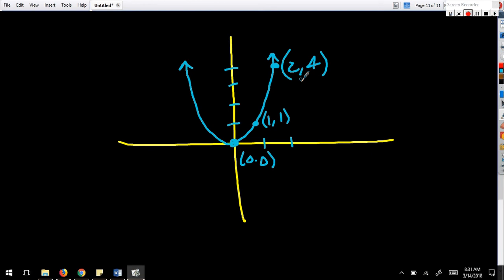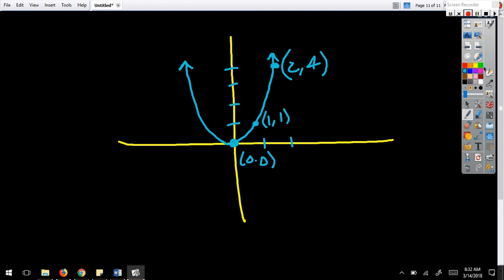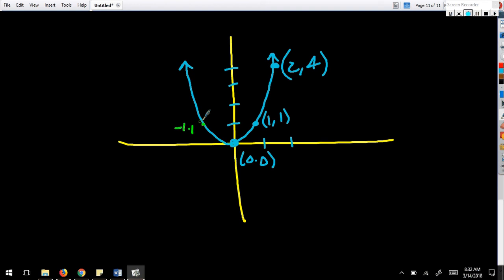And of course, this is symmetrical, so this is negative 1, 1, and this is negative 2, 4. If the inverses switch the x and y's, my inverse points are going to be 0, 0, 1, 1, 1, 2, 4, 2, 1, negative 1, and 4, negative 2.